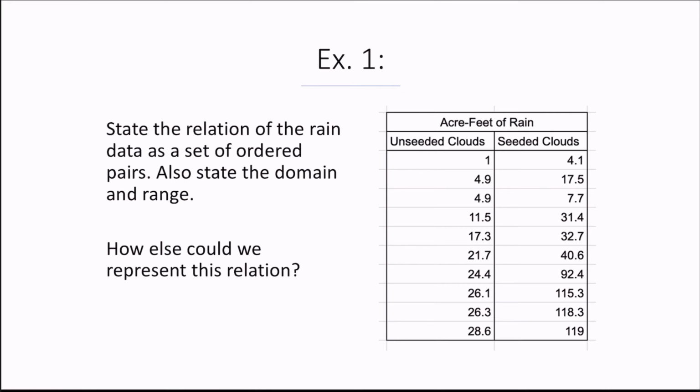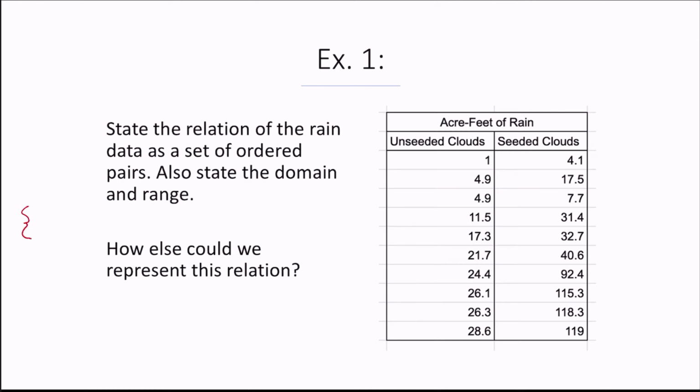So, for example, to state the relation of the rain data as a set of ordered pairs, we would just write each of these ordered pairs of the unseeded and seeded clouds.